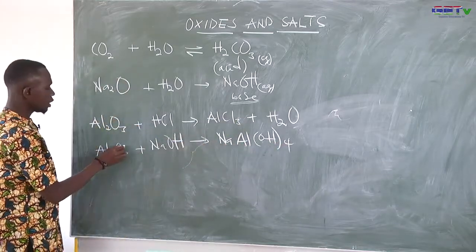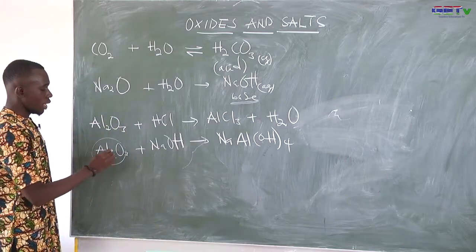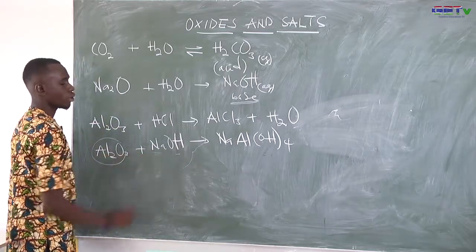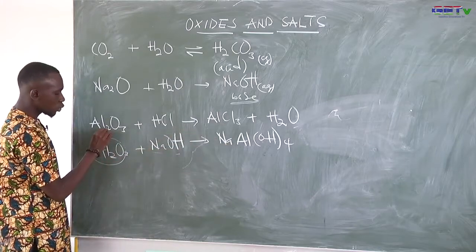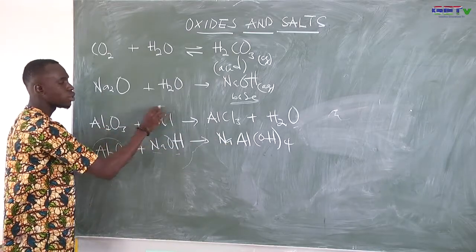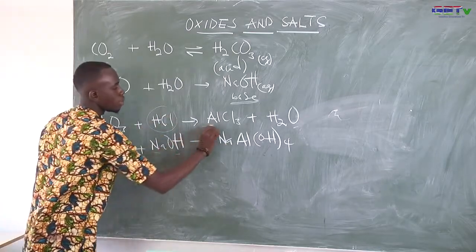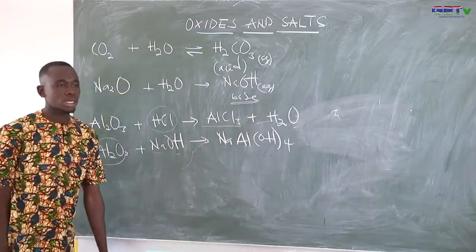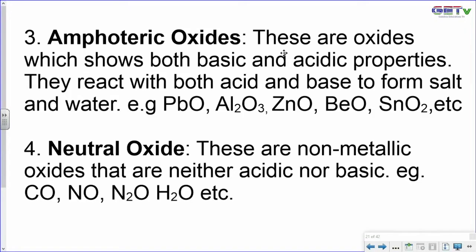So here you see this oxide, which is ampho, is able to react with sodium hydroxide to form this compound, and also the same oxide is able to react with acids to form aluminum chloride and also water molecules. Now the fourth one we have is called neutral oxides.